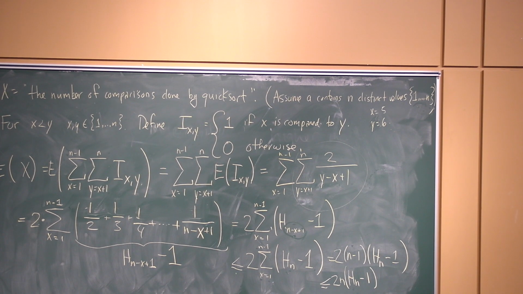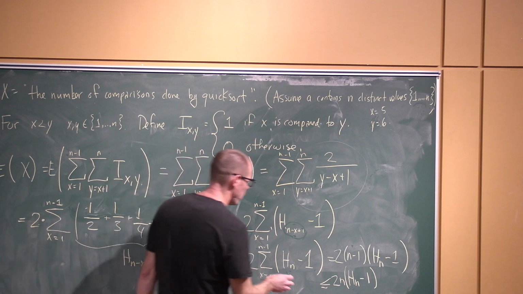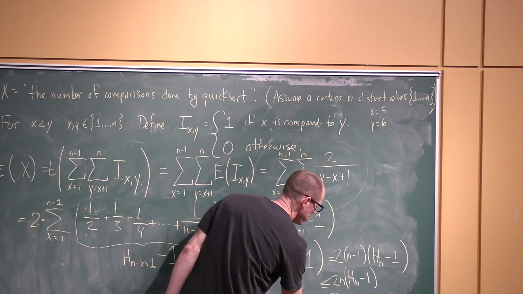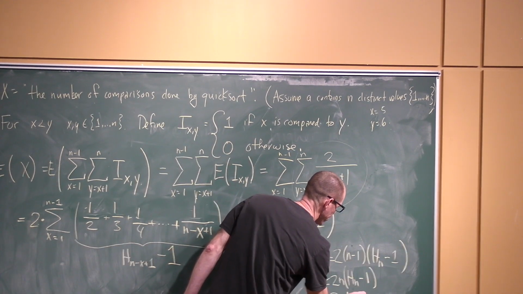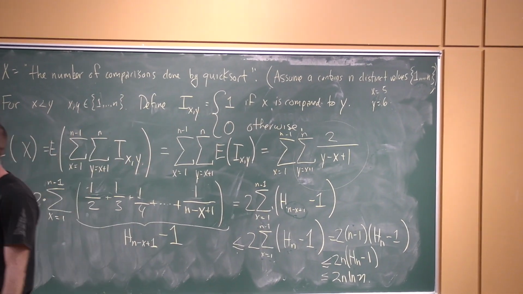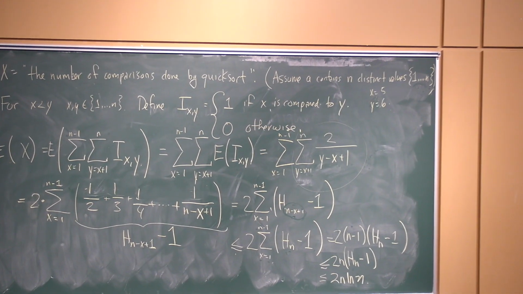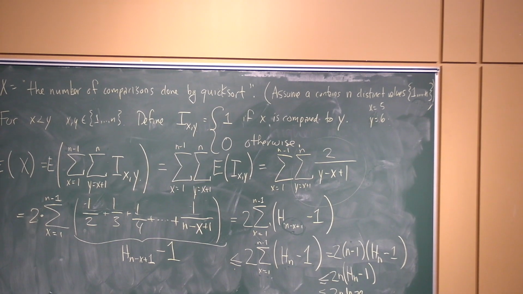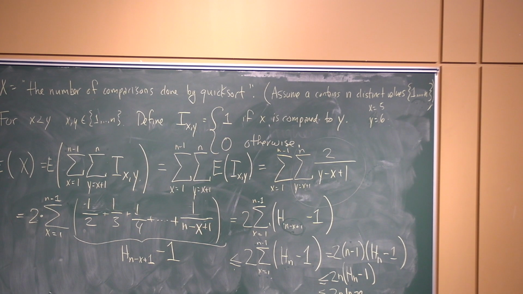So h of n minus 1 is smaller than ln n. So this is less than or equal to 2n natural logarithm of n. So we'll write that down.